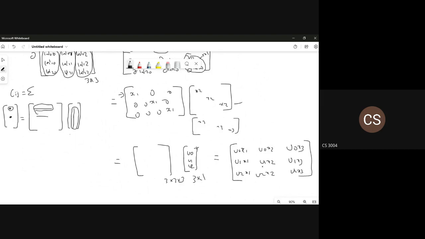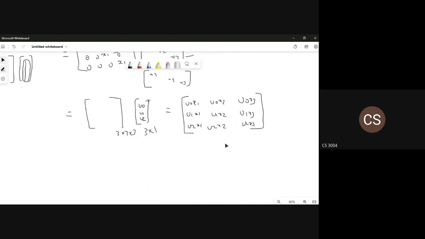Okay, so can you write this down as an outer product of two vectors? How do you write this? Can we write this as an outer product of two vectors? Yes, there will be a row vector for u0 and a column vector for x1, or the reverse.